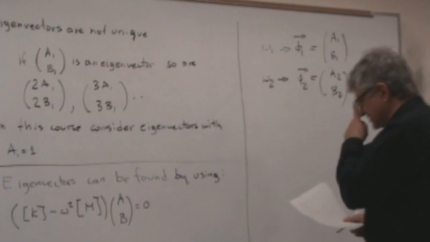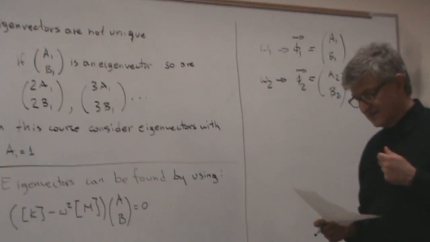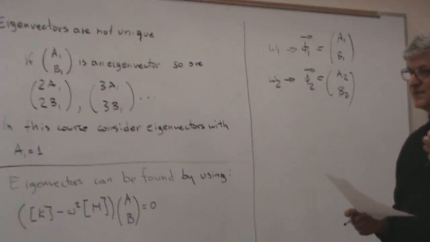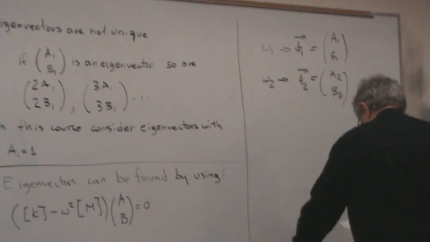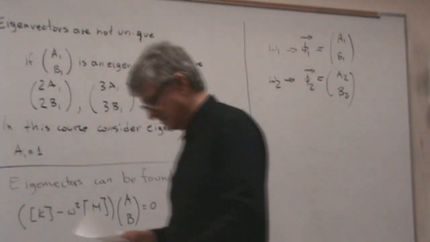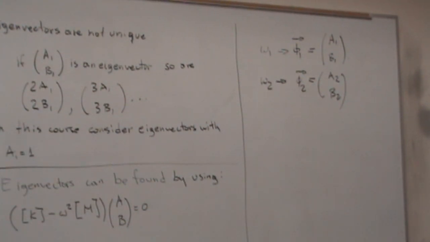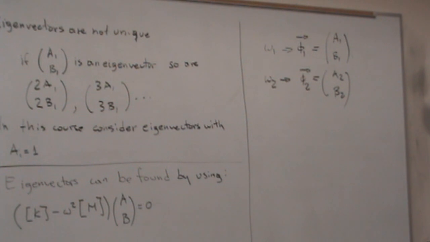Okay, once you have the eigenvectors and the eigenvalues, you can write the equation of motion, the equation for the displacement of the two degrees of freedom. So we'll write an equation for a vector which contains the two displacements.